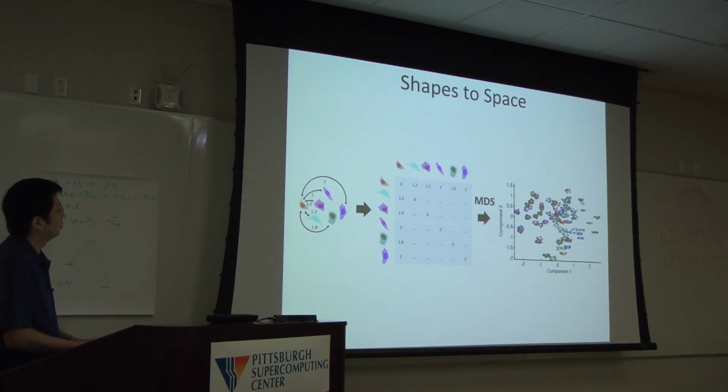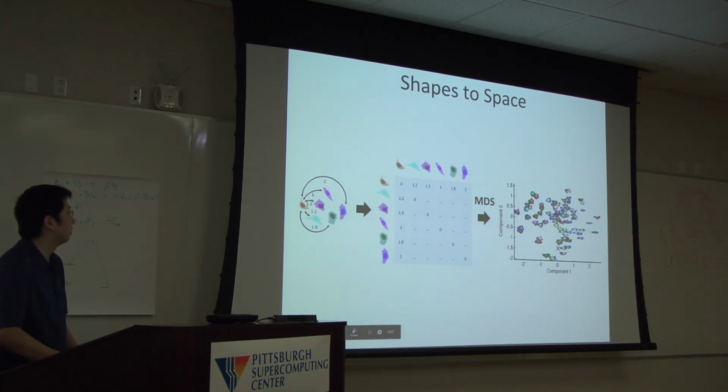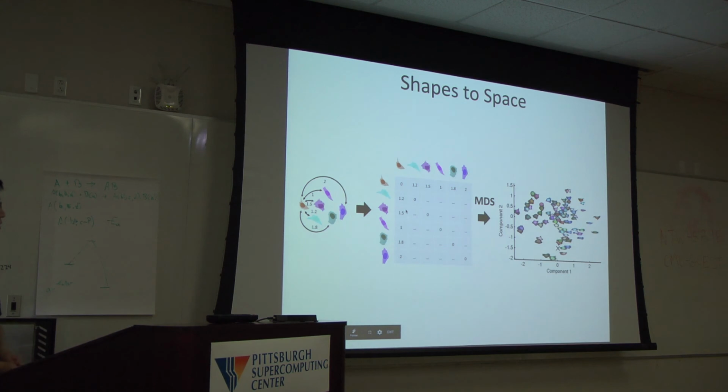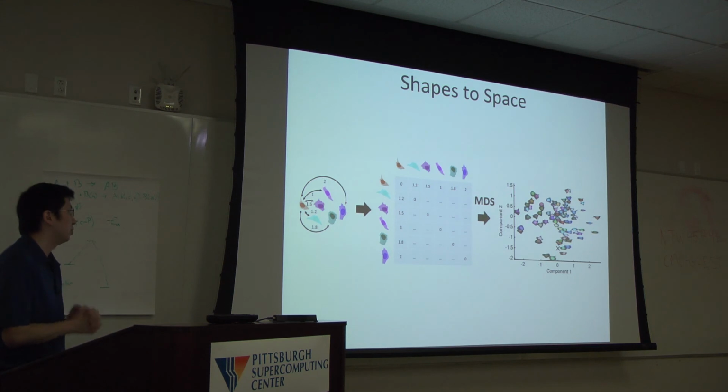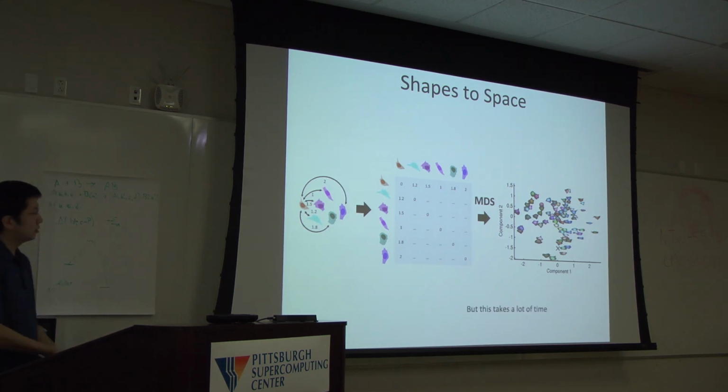I think you should have a basic understanding of this. So first we compute the pairwise distance between each pair of cells. Then we put the distances into our distance matrix. And after we fill the distance matrix, we can use multidimensional scaling to project them to our coordinate system, which is a shape space.